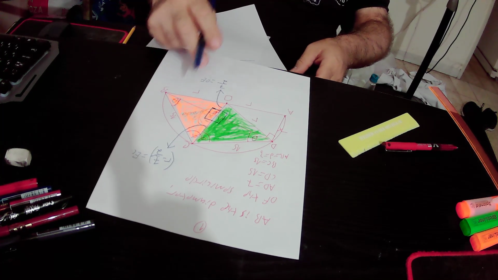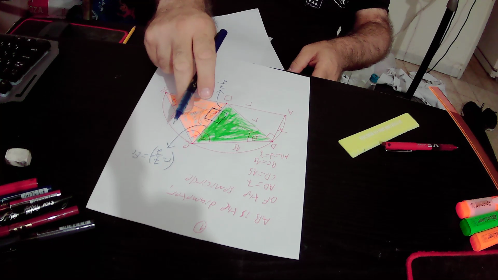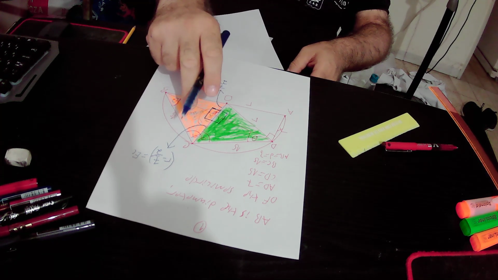So we have here two triangles in the orange color that are right triangles.